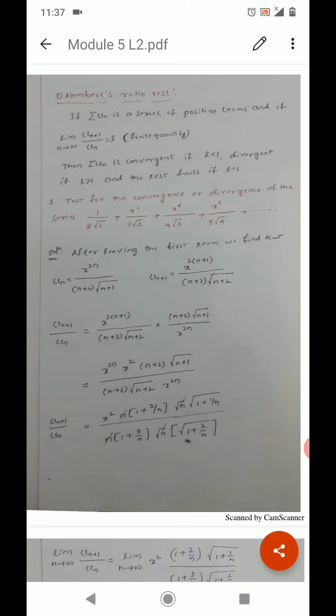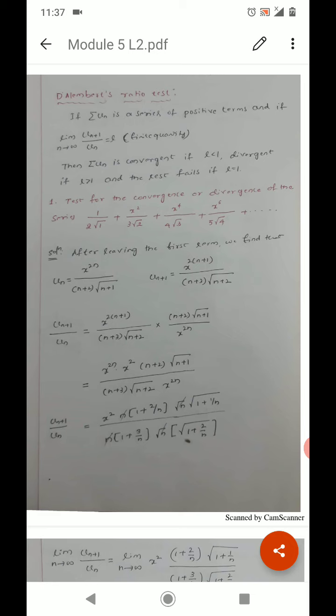Then un plus 1, replacing n by n plus 1, is equal to x to the power 2 of n plus 1 divided by, taking n equal to n plus 1, n plus 2 becomes n plus 3, and square root of n plus 1 becomes square root of n plus 2.